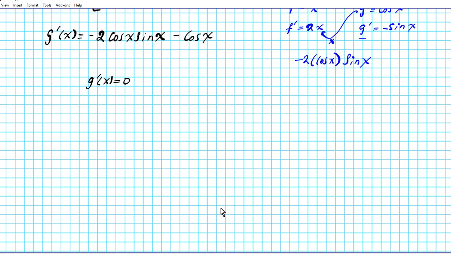Another way that can help you determine if you have places on a trig function where the derivative does not exist is to try to rewrite all your functions as a combination of sine and cosine only.